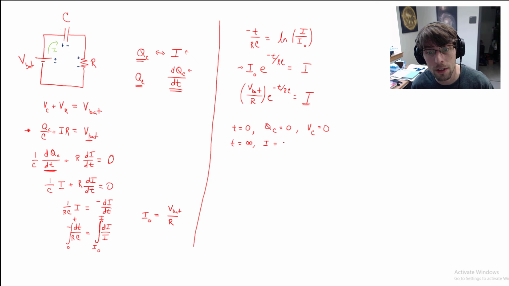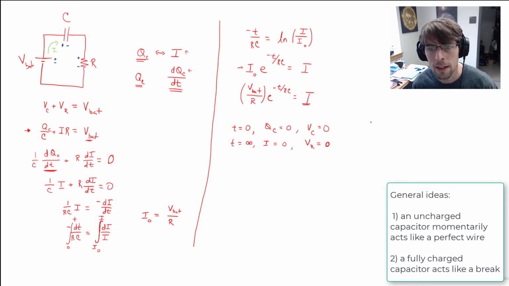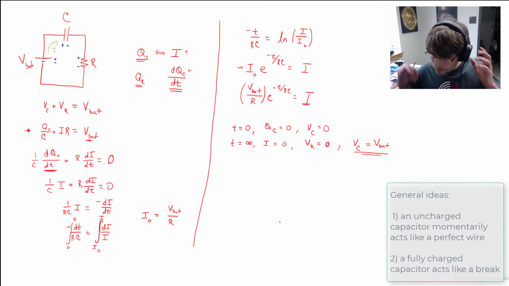I is equal to 0. Well, what does that tell you about the potential drop across the resistor? If there's no current, that means the potential drop across the resistor must be 0. Oh, incidentally, if the potential drop across the resistor is 0, that means that the potential drop across the capacitor must be equal to, yeah, very good, the potential drop across the battery. Yeah, nice. Very good, very good.